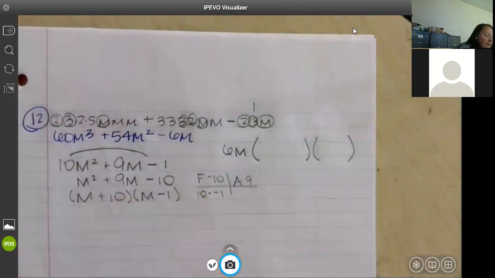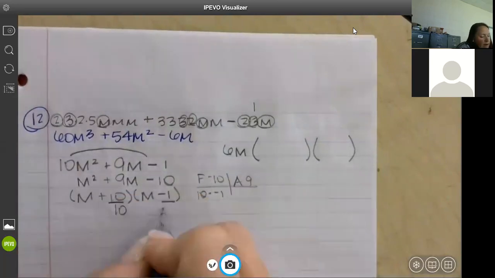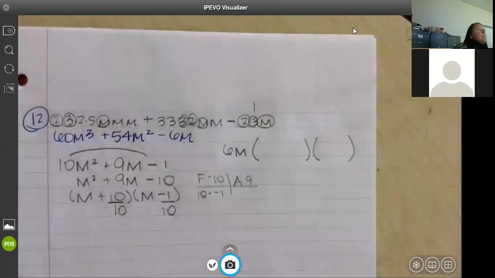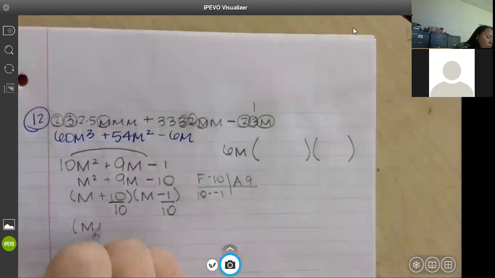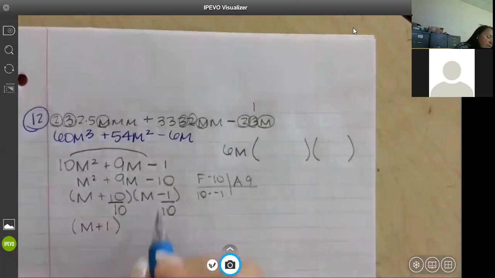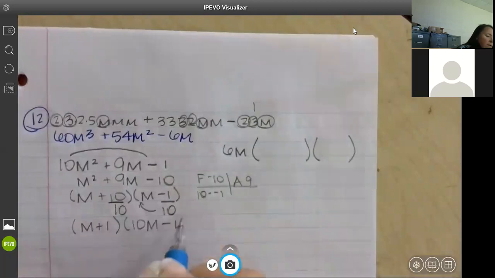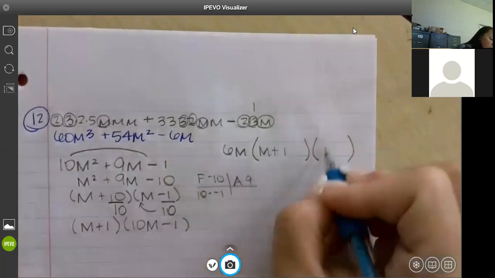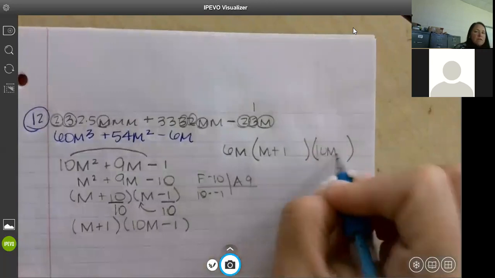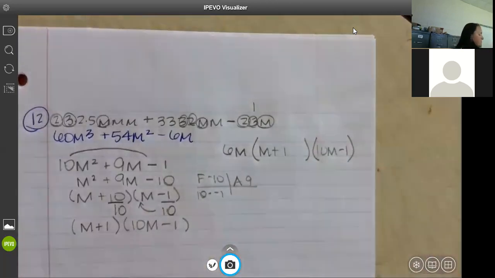I did slide. Now I have to divide. 10 over 10 is 1. This one does not fix, so we slide the 10 up. 10M minus 1. So there are your 2 parentheses. So it will be C. Number 12 is C.